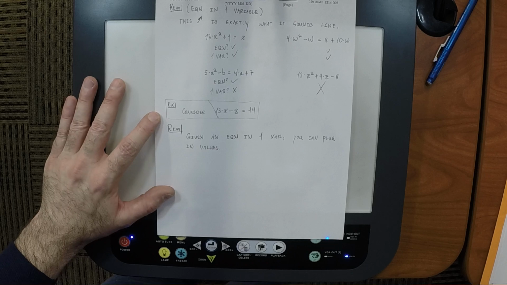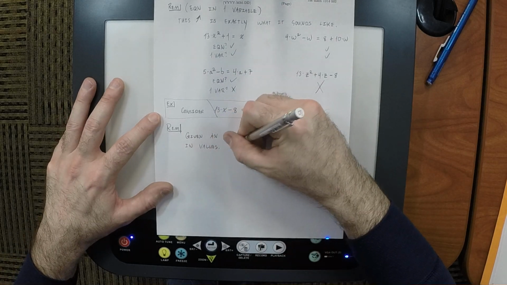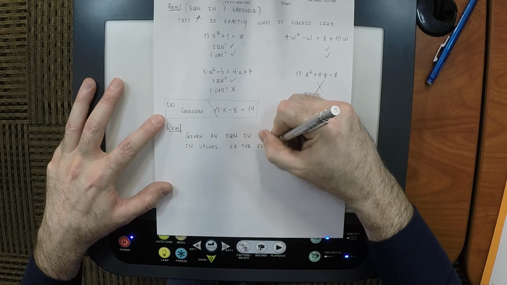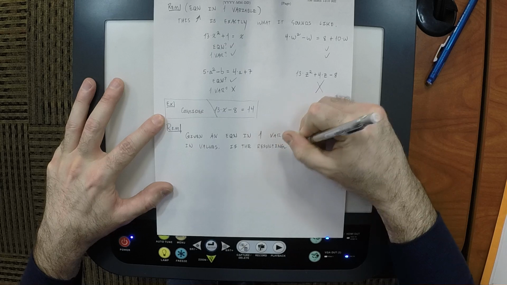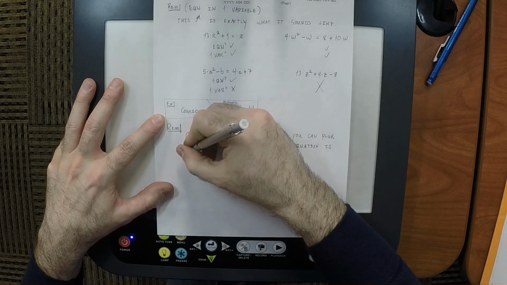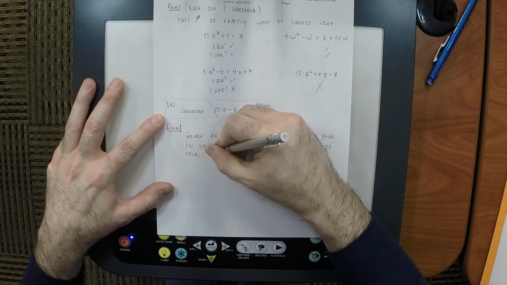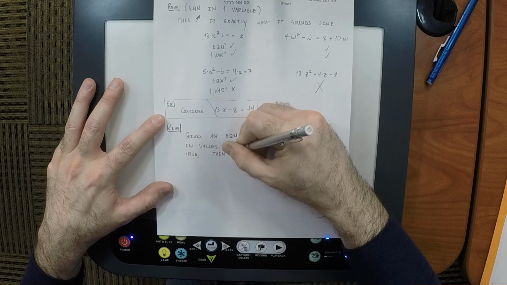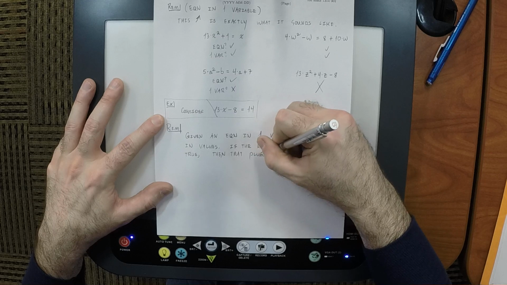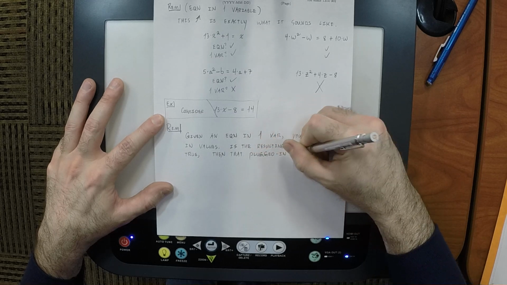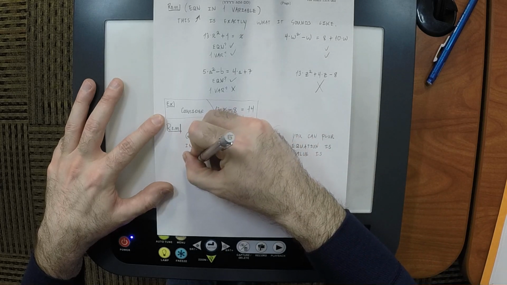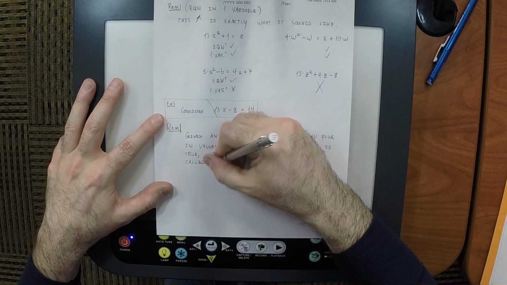If the resulting equation is true, then that plugged in value is called a solution.